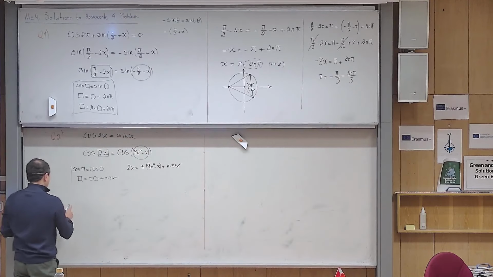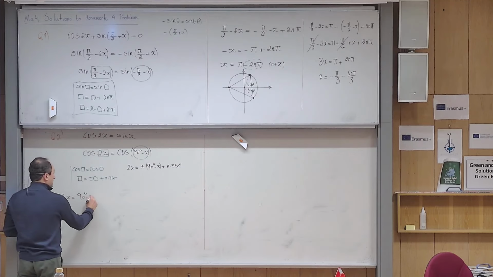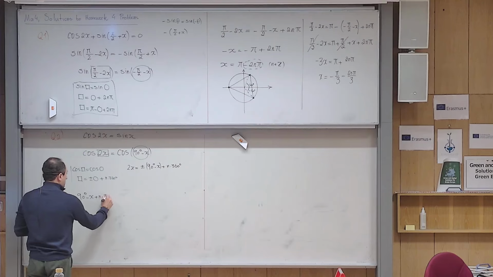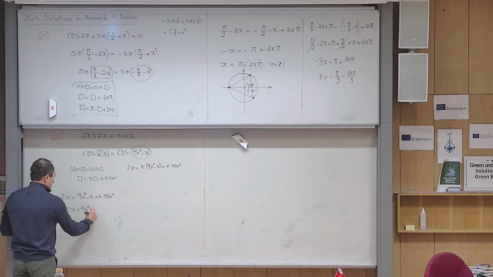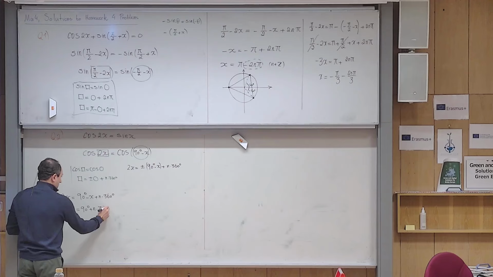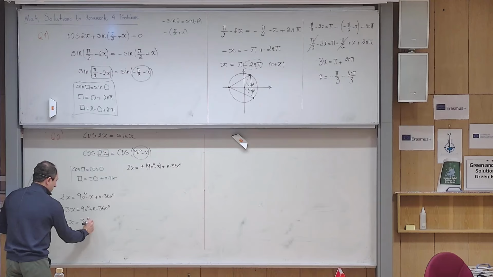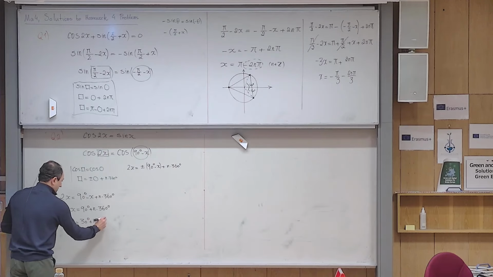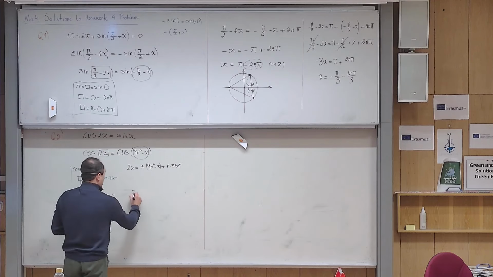So with the positive sign, 2x is 90 minus x plus n times 360 degrees. So I move this to the other side, and then I divide by 3. That is one answer. And for the other answer, I have to consider the negative sign.